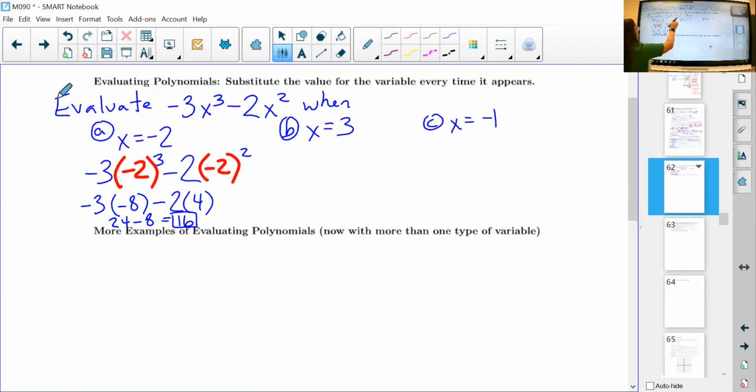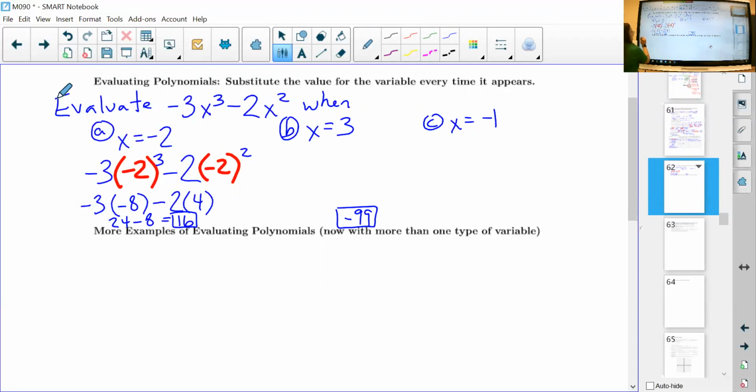So just take a moment to fill those two in. I'll give you the answer to B, just so you can check your work. Feel free to pause if you don't want to hear it quite yet. It is negative 99. And then once you have this method down, you can work through C.